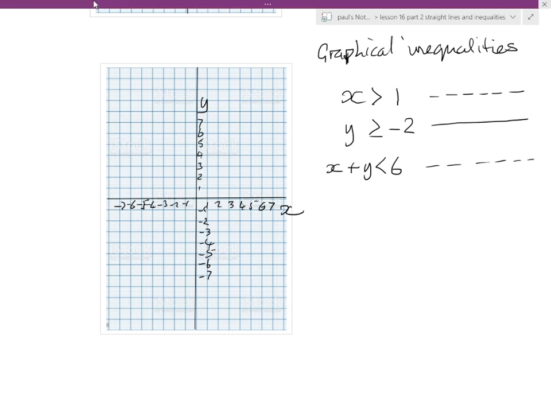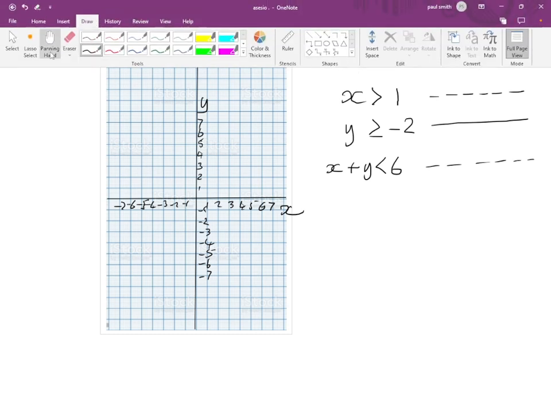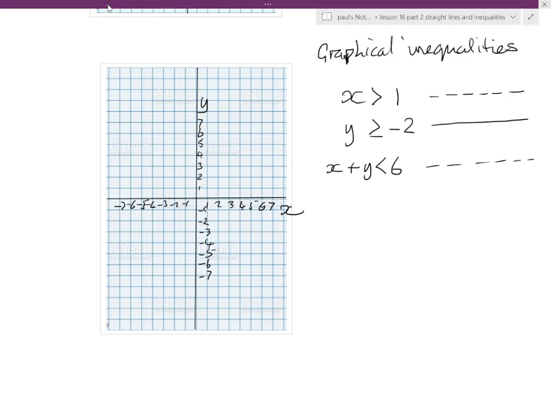So let's do the first two. Just think of them as we did earlier on by just saying I need a line x equals 1. So x equals 1 is going to be here all the way through my lovely numbers. Let's mark it up so everybody knows what we're doing. X is 1.